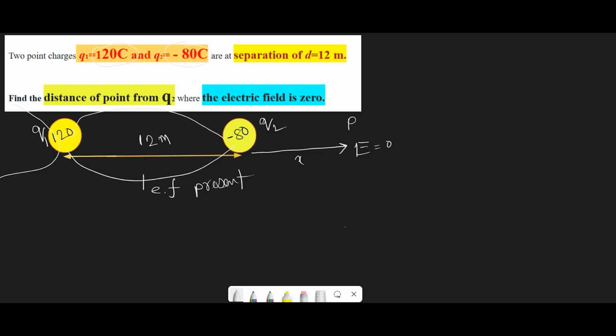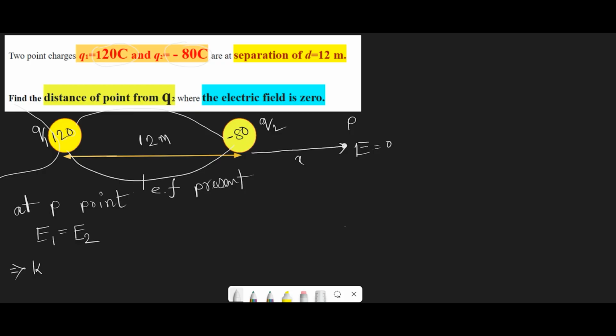So by the condition for this point where electric field is 0, it means that at point P, E1 equals E2. Write down the definition of electric field.